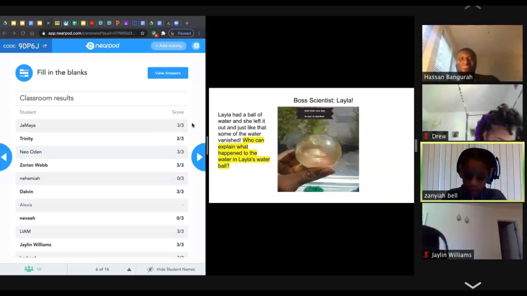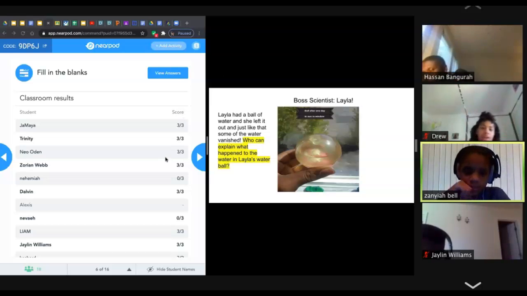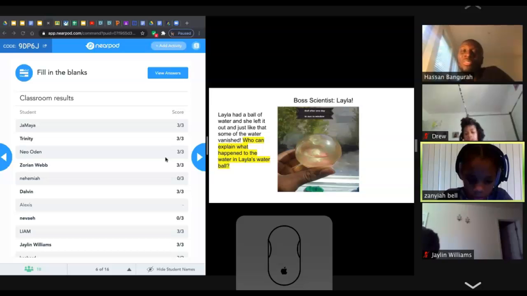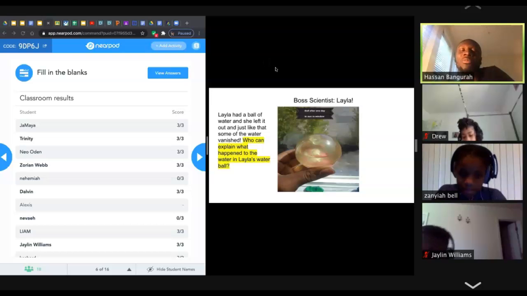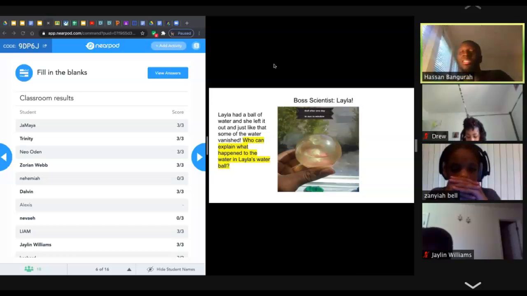Okay, so what I think happened to the water is that it condensate. How do you say the word condensation? Condensation. And what's it called? I don't know. Okay, can I help you out just a little bit? Earlier Liam said that the water evaporated. Then Jalen built on and said that the water turned into a gas.